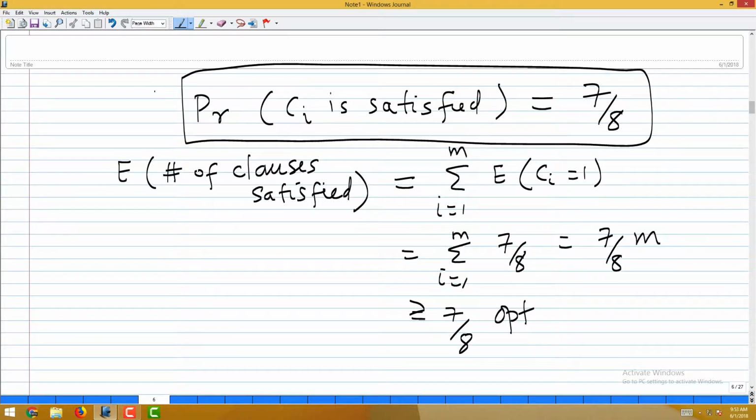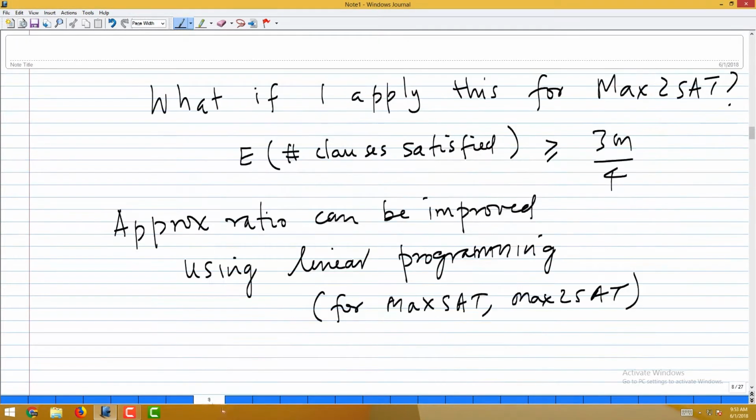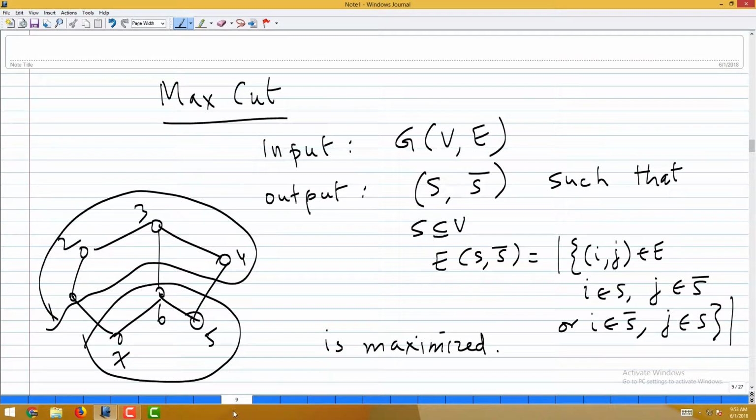So, you go to an edge and ask what is the probability that this edge is between S and S bar. I do not want answers quickly, I just want somebody else to answer. So, slowly. An edge is crossing the cut if one of the two happens, right. If I look at the endpoints, this must be in S and this must be in S bar, or this is in S bar and this is in S. So, what is the probability of that happening?